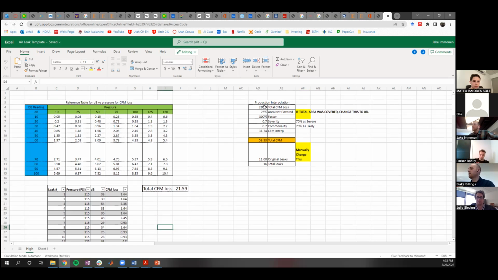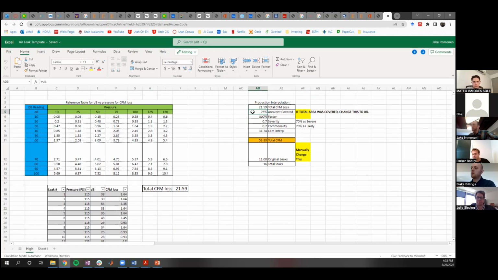And then I just added this today. This is from RT, I think he made this. If not, I took it from one of RT's spreadsheets. But this little table here will extrapolate to the full facility if we were only able to cover part of it, so like this is 75% of the area not covered.